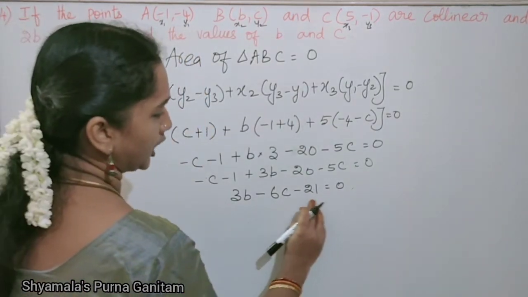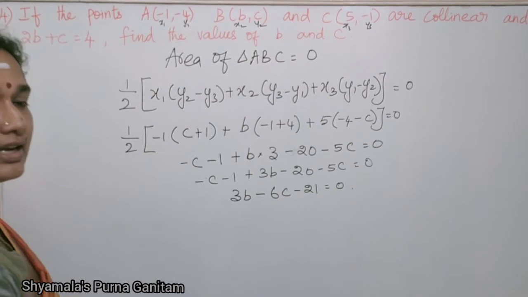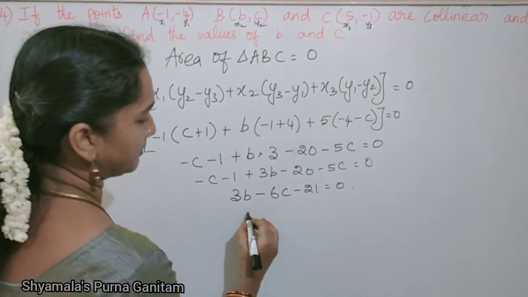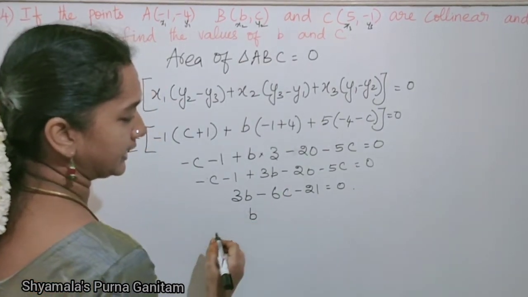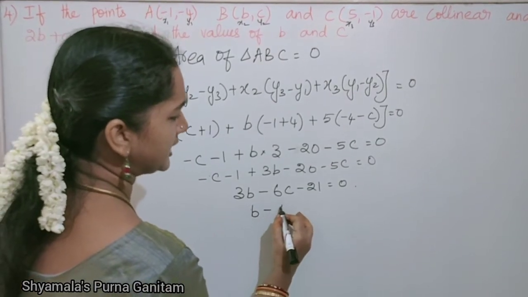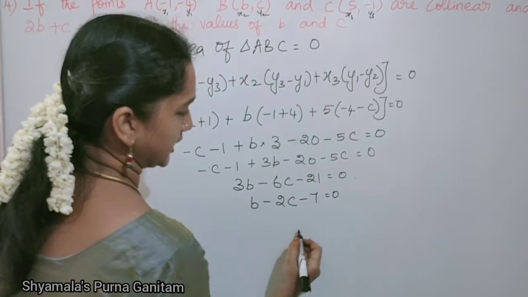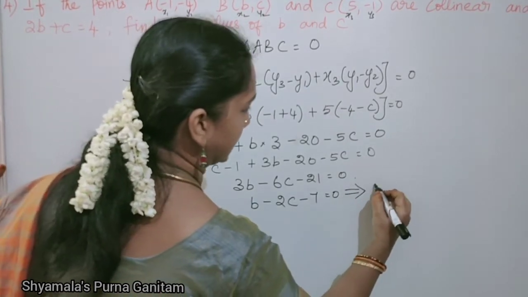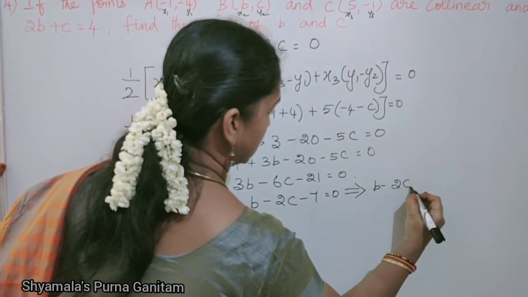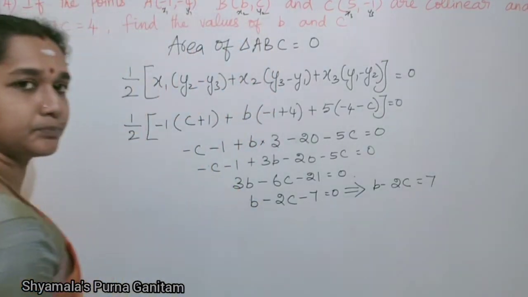For all these three terms, we have 3 as the common factor. When I divide by 3, I get b minus 2c minus 7 is equal to 0. So I am rewriting it as b minus 2c is equal to 7.